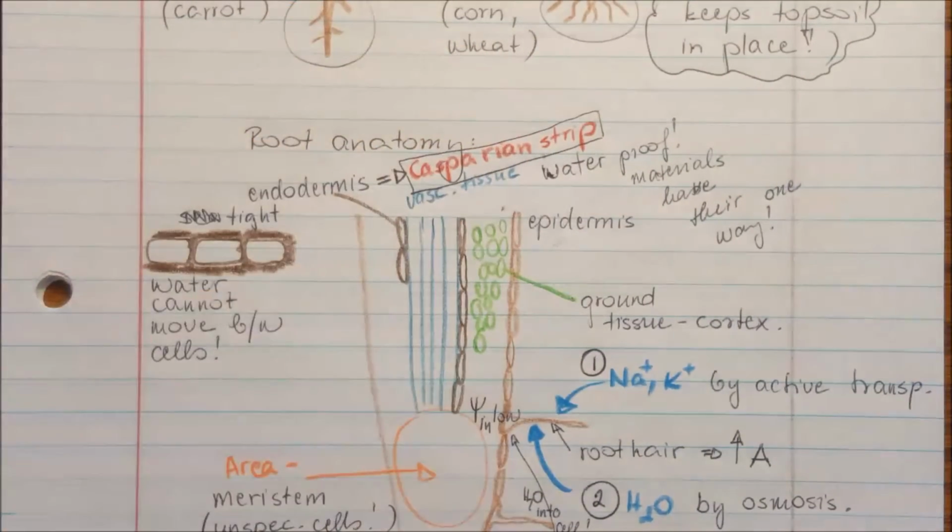The root pressure inside the vascular cylinder basically pulls the water into the cells, and they don't let it go outside.